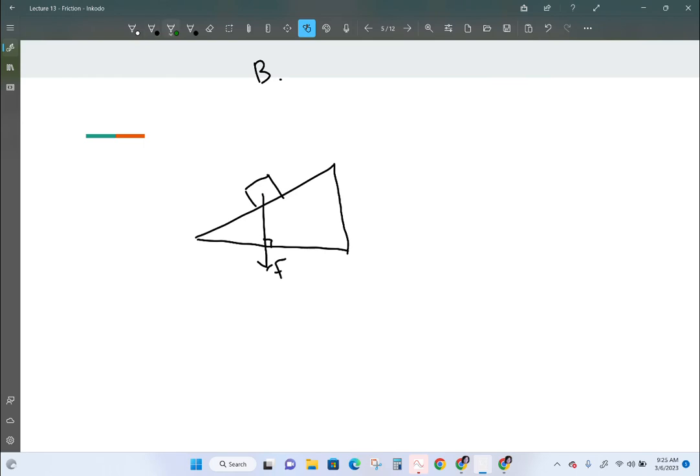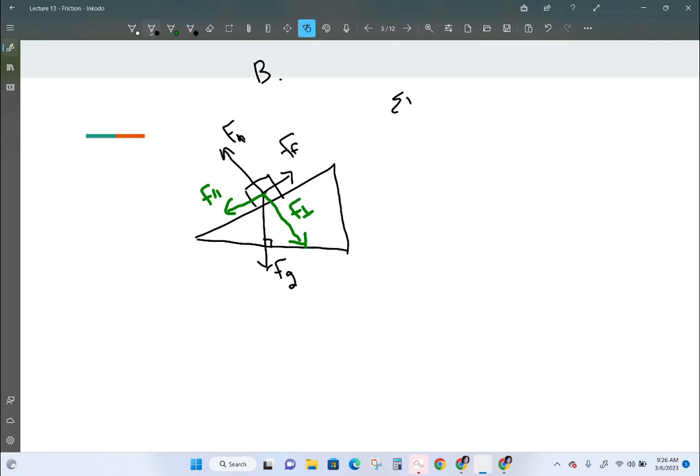It had a perpendicular component of the weight and it had a parallel component to the weight, and it has a normal force. And now it has friction, and friction is going to oppose the direction of motion. So if it's sliding down the incline, friction would be in this direction.